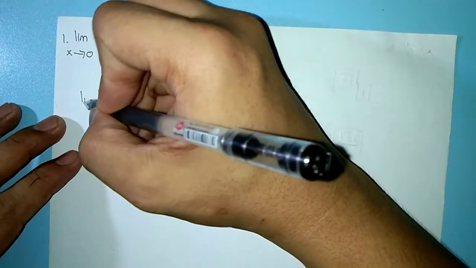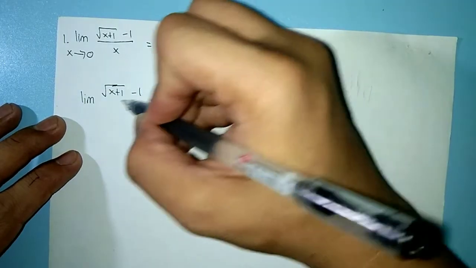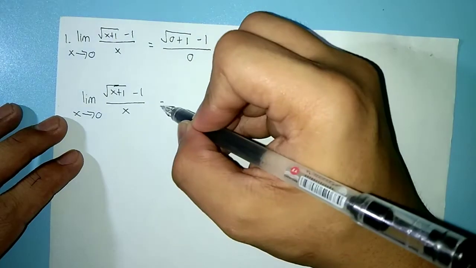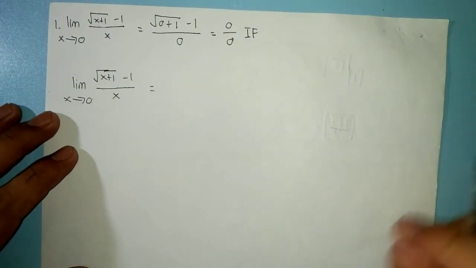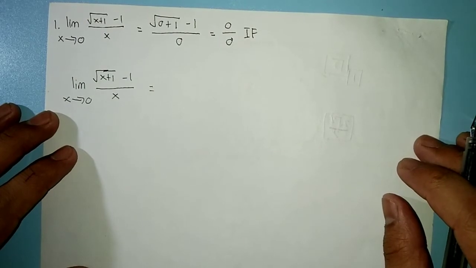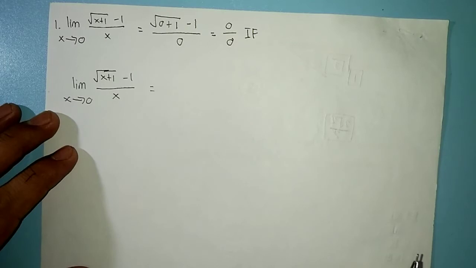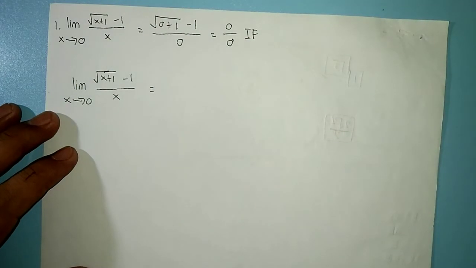So ulitin natin, limit of square root of x plus 1 minus 1 all over x as x approaches 0. So anong gagawin natin dito? Hindi natin pwedeng gamitin yung strategy na diniscuss natin last time, yung magfa-factor tayo tapos i-divide natin yung common factor ng numerator and denominator. Kasi obvious naman sa nakikita nyo, nakaradical pa yung sa part ng numerator.